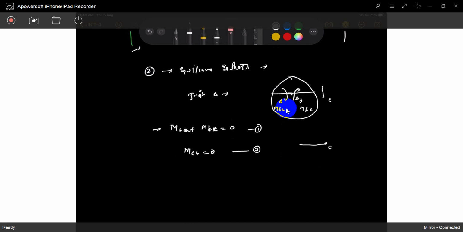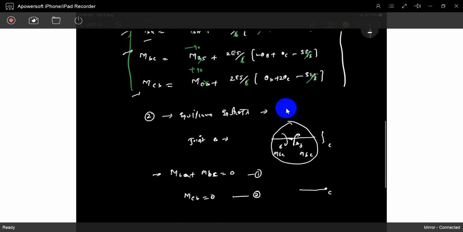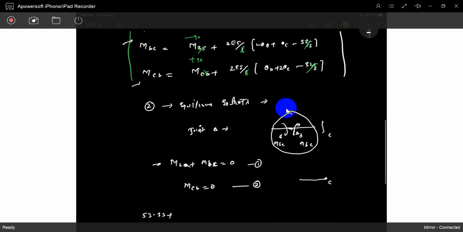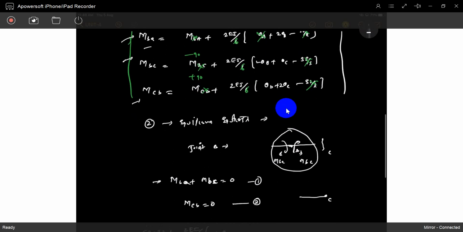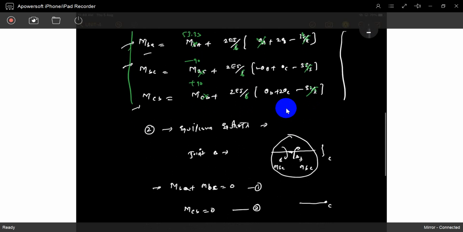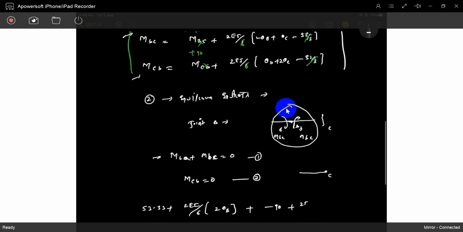Start with MAB and MBC being 0. How can you start? First, 53.33 plus 2EI by 6 times 2 theta B. That's it. Then MBC: minus 90 plus 2EI by 6 times 2 theta B plus theta C is 0.